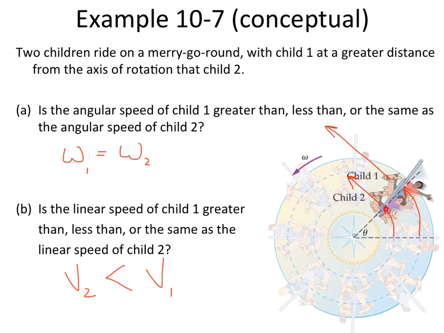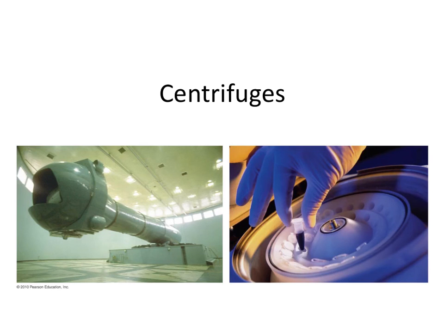I'm just going to show you these last 2 pictures real quick, and then we'll call it quits for this segment. Centrifuges. We're going to be talking about centrifuges, and in fact, we have in the past with uniform circular motion. We talked about how this thing right here is where astronauts go in it and they experience 2, 3, 4, 5, 6, 7 Gs sometimes and get used to all those forces.